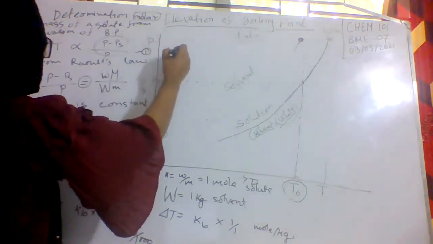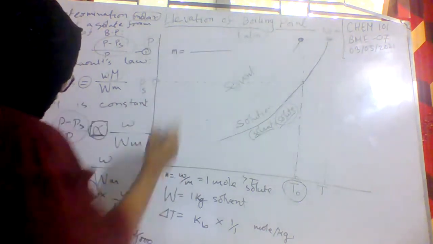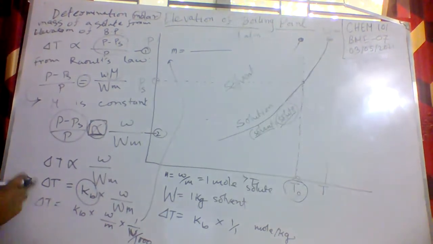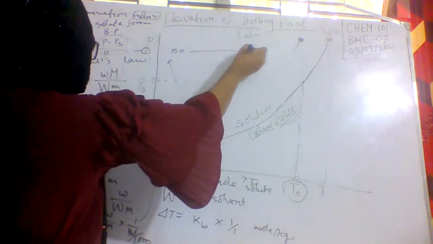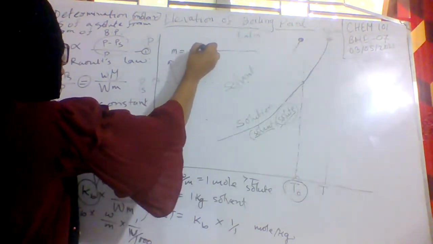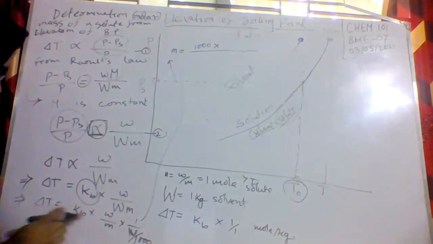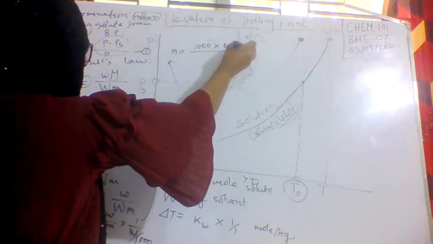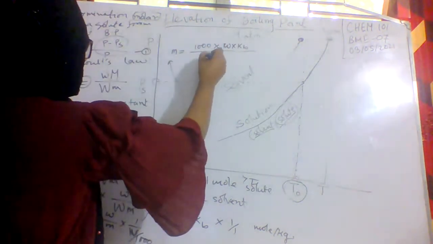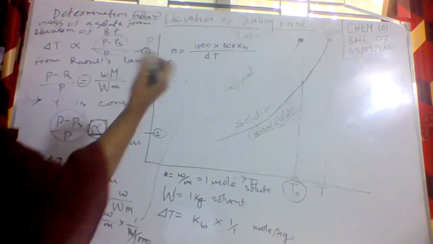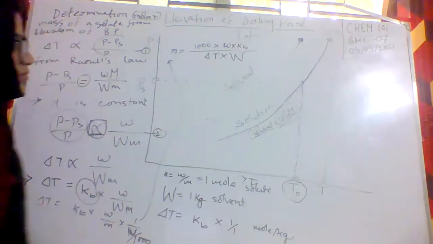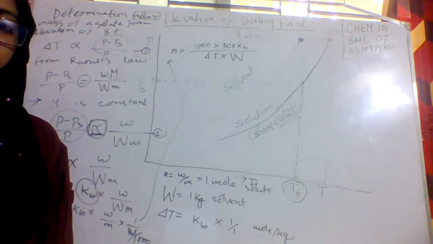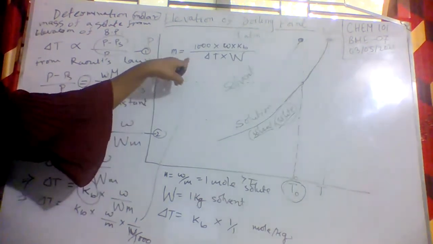If I write down the molar mass from this equation, it will be M equal to 1000 into W into Kb divided by delta T into capital W. Is it okay?